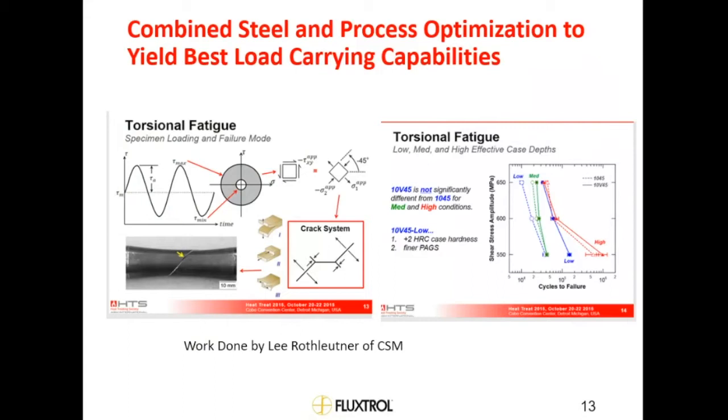What he found is that the addition of vanadium, a microalloying element, is not significantly different from 1045 for medium and high loading conditions. But for low loading conditions, he found a significant improvement in performance. It added 2 points of HRC for case hardness and much finer prior austenite grain sizes, which is believed to contribute to the strength of that.